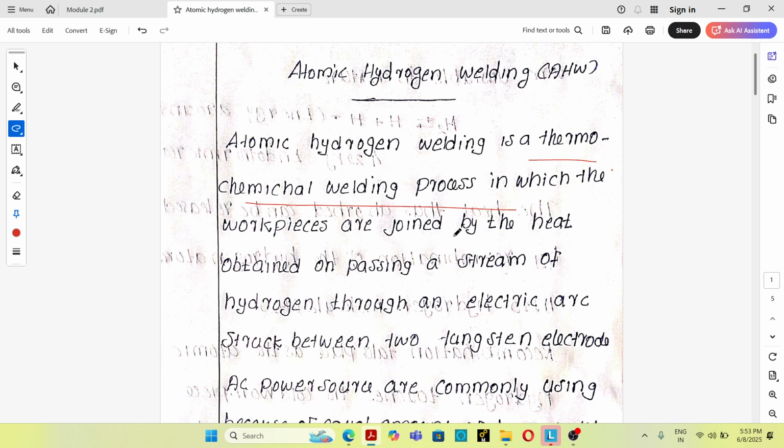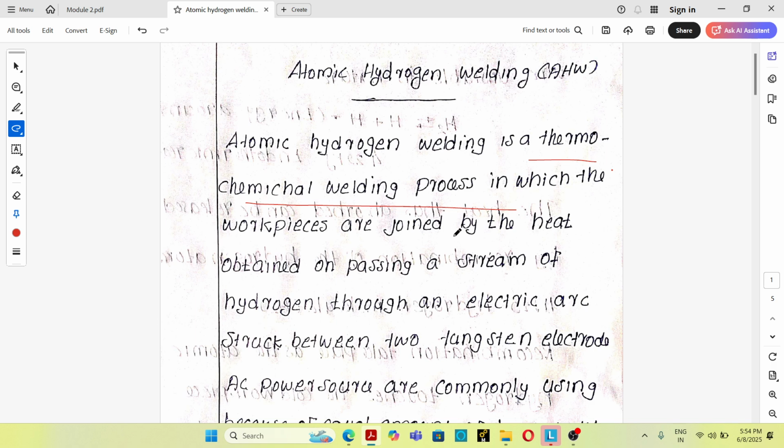Hydrogen gas is passing through the welding area. Basically, it acts as a shielding gas, and by absorbing the energy from the electric arc, hydrogen molecules are converted into ions, H plus and H minus. So H2 is converted into H plus and H minus by absorbing energy.